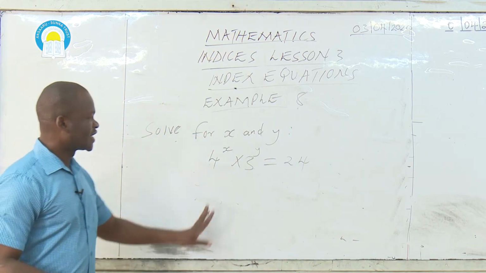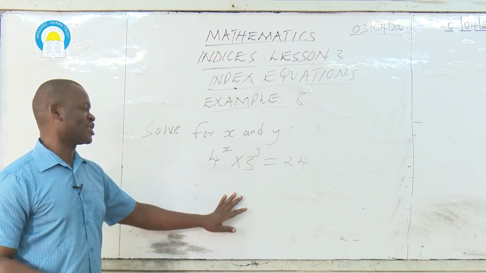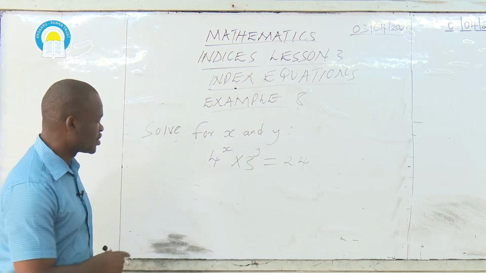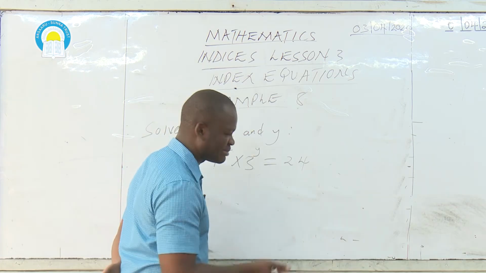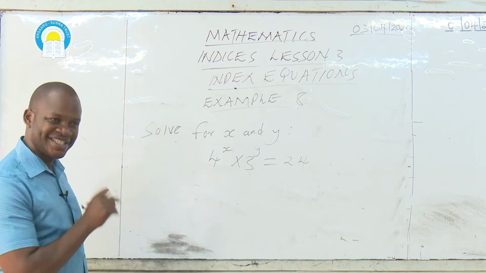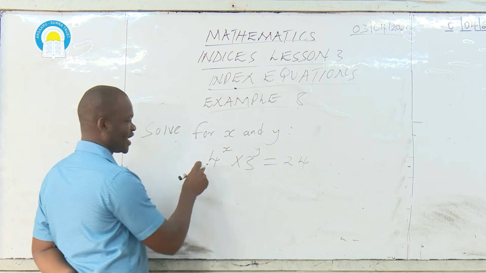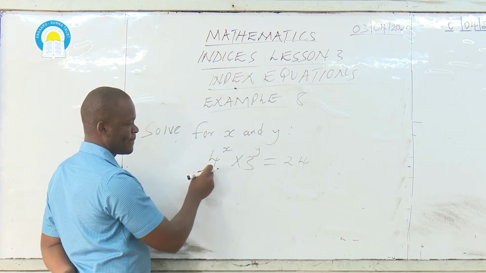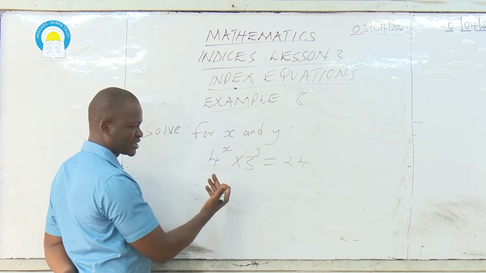So you find this a unique type of equation where you have 2 unknowns in a single equation. So just remember we are dealing with indices. Try as much as possible to express these numbers in index form, but now using the appropriate base.